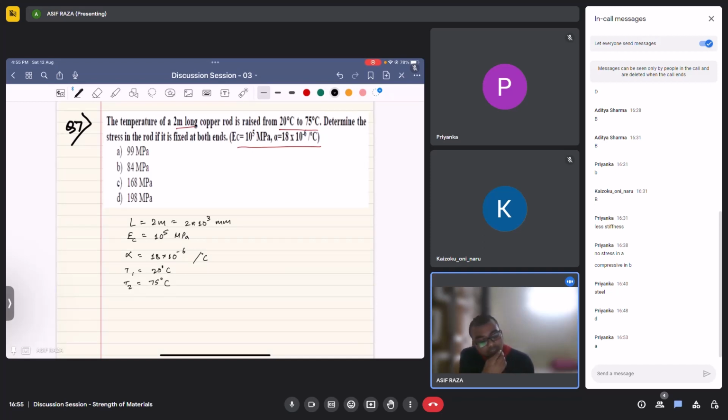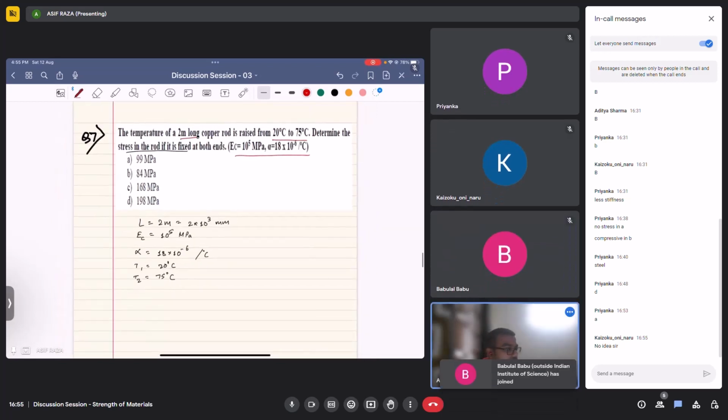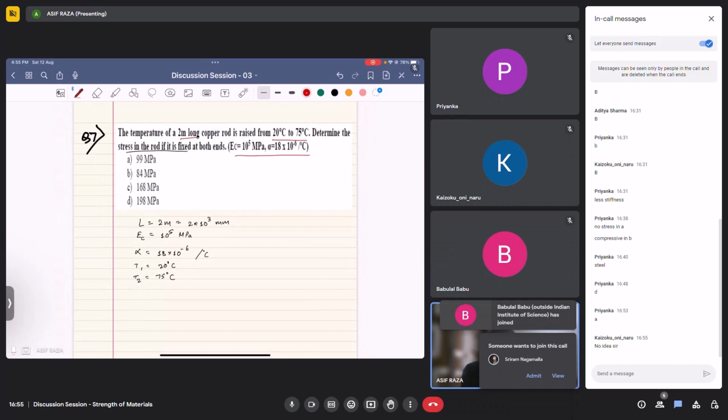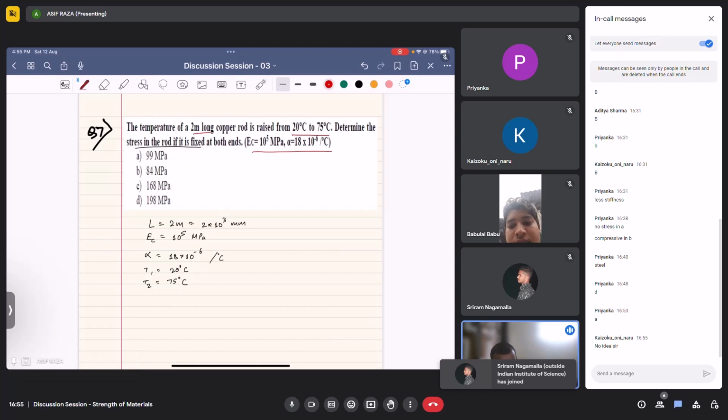You need to find the stress in the rod if it is fixed at both ends. No idea? Okay, no problem. You can see what all data is already provided. I hope you have no issues regarding this.